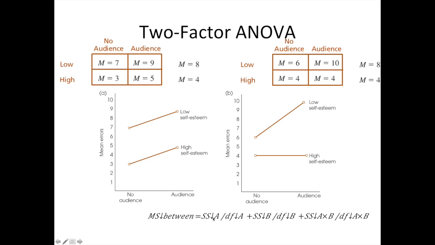It's going to be the sum of squares for A over the degrees of freedom for A, plus the sum of squares for B over the degrees of freedom for B, plus the sum of squares for A times B, which is the interaction, over the degrees of freedom for A times B, which is for the interaction. We'll talk a little bit more about how you obtain those SS and DF values.